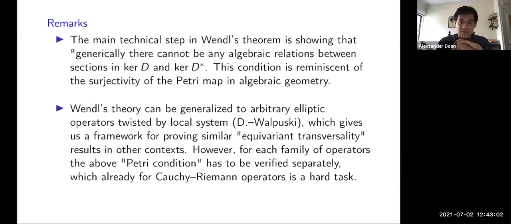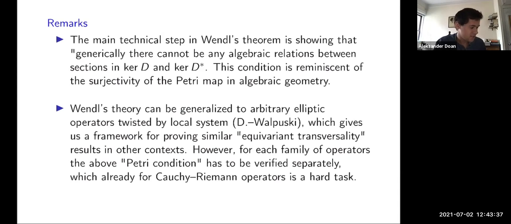In fact, these algebraic relations cannot hold at any point. A very special example of that is the unique continuation theorem. If you have a section in the kernel of an elliptic operator, it cannot be that this section vanishes with all derivatives at a point. If such a section vanishes with all derivatives at a point, then in fact the entire section must be 0.